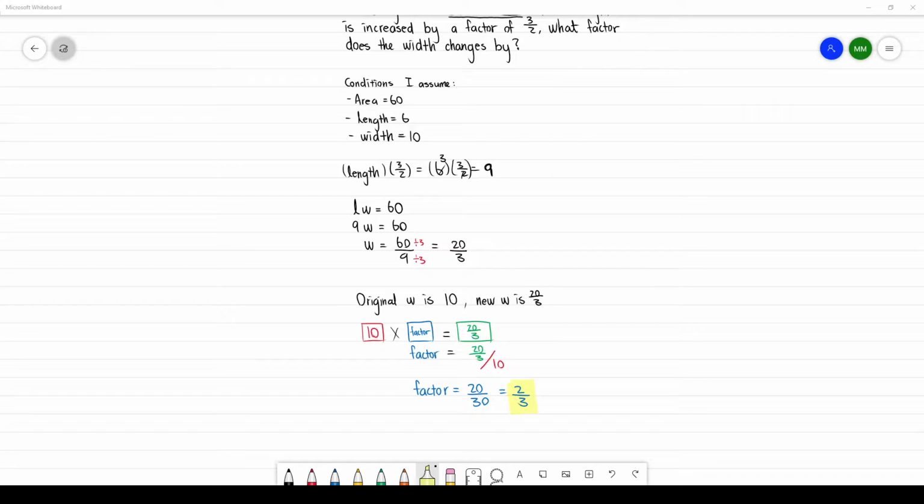So yeah, inverse proportion is harder than direct proportion. I gotta say, understanding this concept is harder.